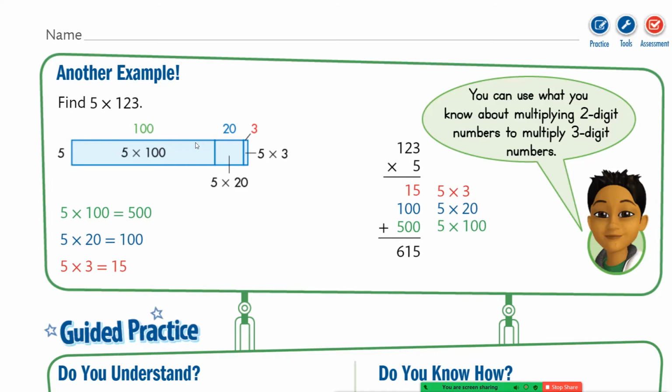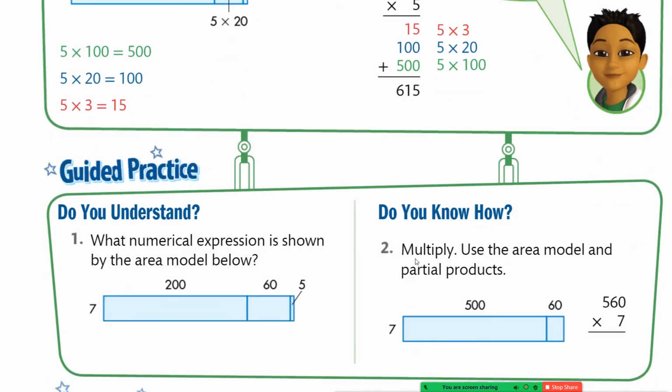So they broke it up into 100 and then 20 and then 3. When you multiply, you do the 5 times the 100, then the 5 times the 20, and then last you do the 5 times the 3. Now that you have those 3 partial products, because you have to do 3 different operations, you're going to add those partial products together to find your whole answer.